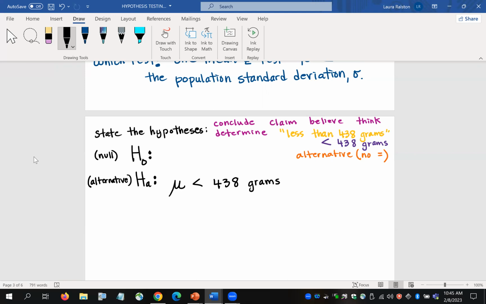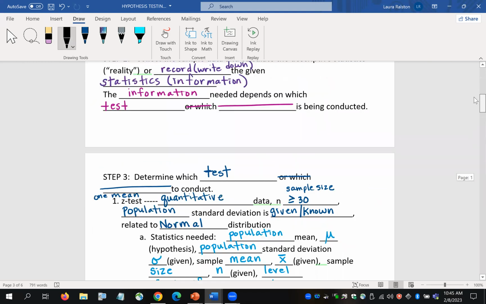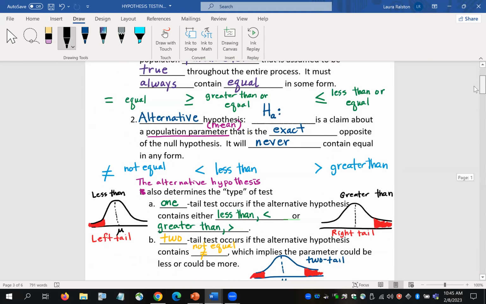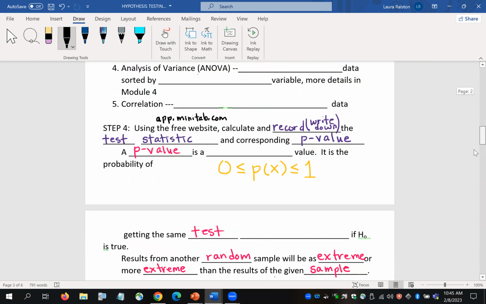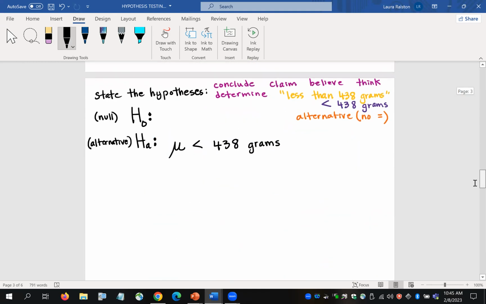We can then figure out what the null should be, because the null has to be the exact opposite of less than. And again, if you go back to the very beginning under step 1, remember I paired these up for you. If it's less than in the alternative, then it has to be greater than or equal to in the null. So it's the same statement.